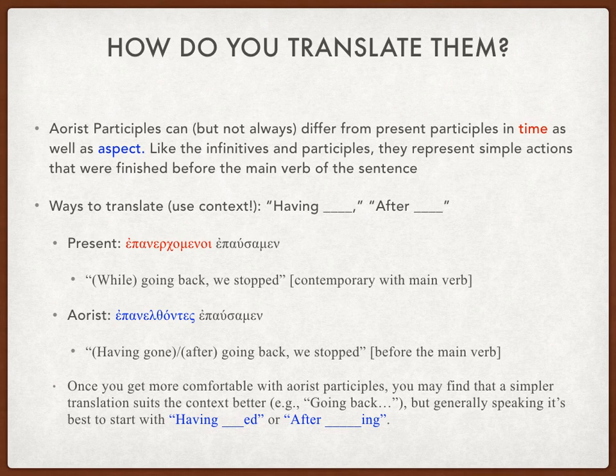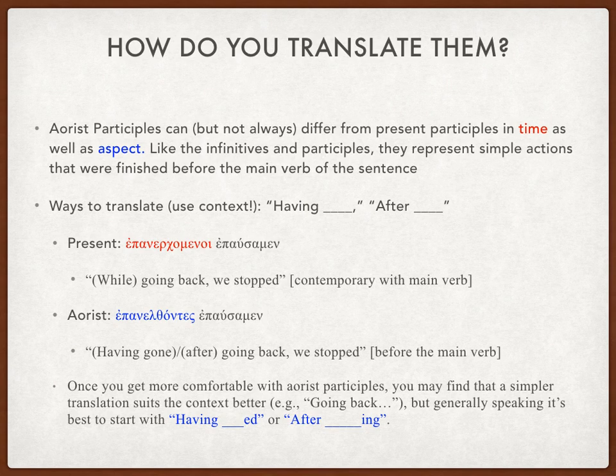Think about what we saw with the infinitives and the imperatives on the previous slide. Like the infinitives and imperatives, they represent simple actions that were finished, and this is the key part of this definition, before the main verb of the sentence. That sounds confusing. Let's look at a couple examples of a present and aorist participle in the same sentence.